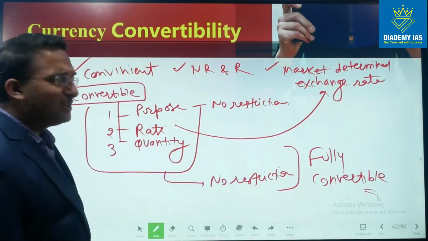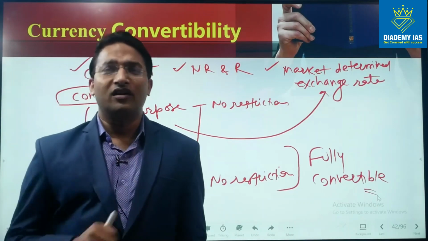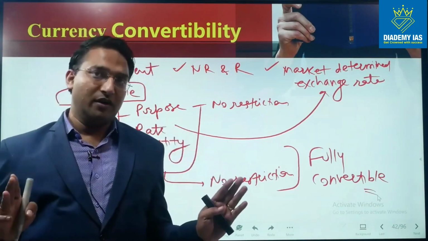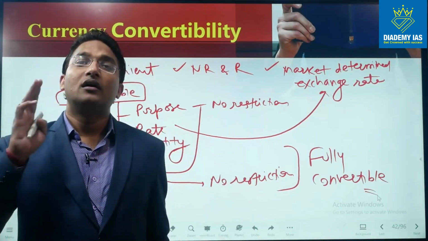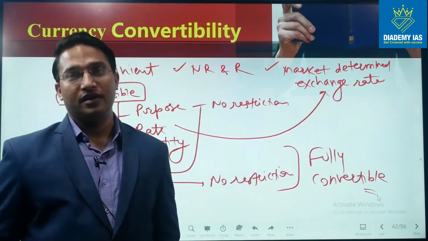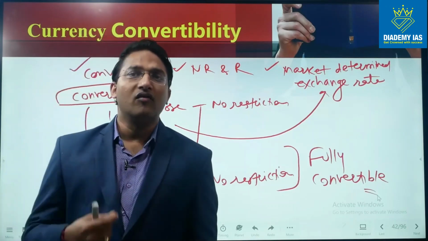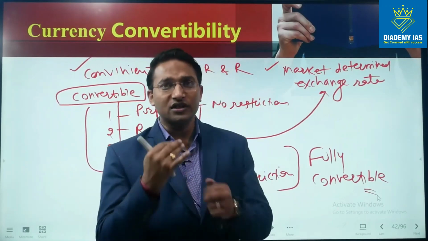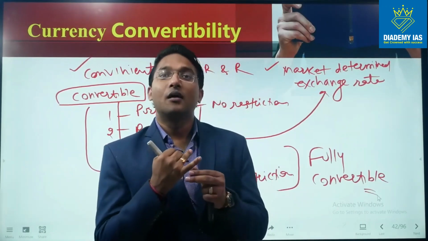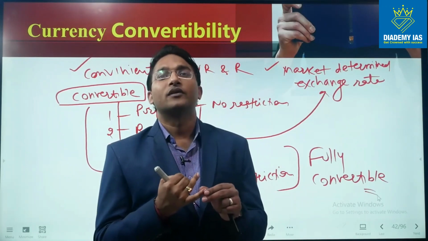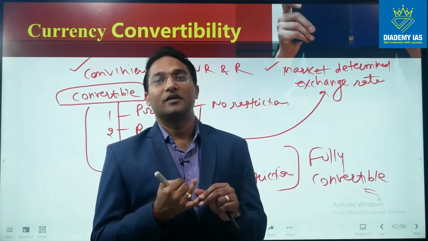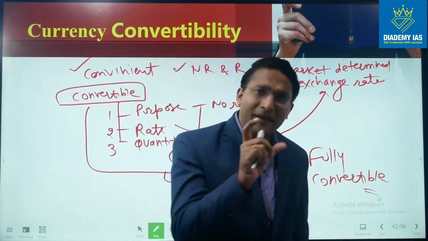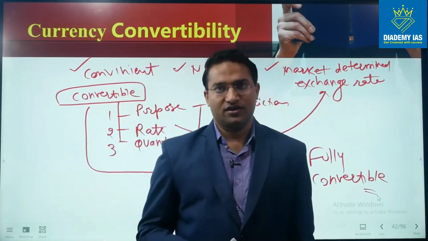If there is no limit, then there is full convertibility. And third, if there is a total ban on convertibility, then this is called no convertibility, a non-convertible regime. So there can be three kinds of regimes: first, fully convertible, second, partially convertible, and third, non-convertible.